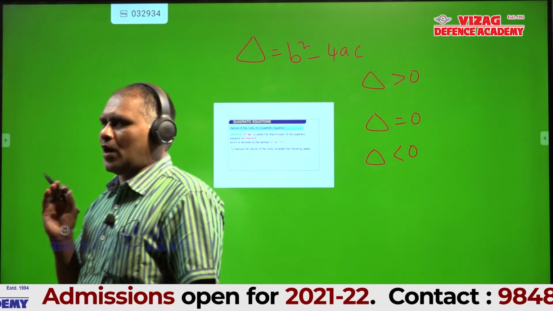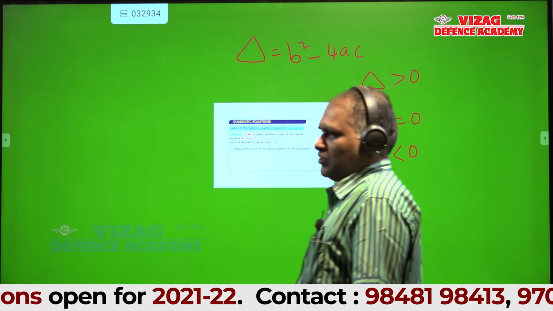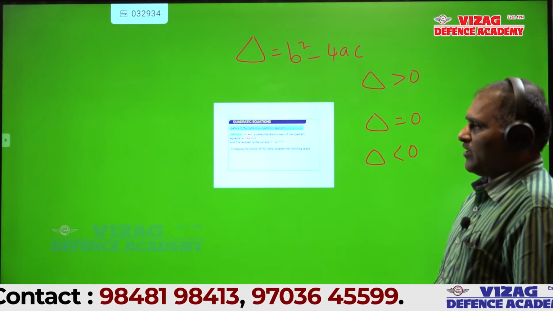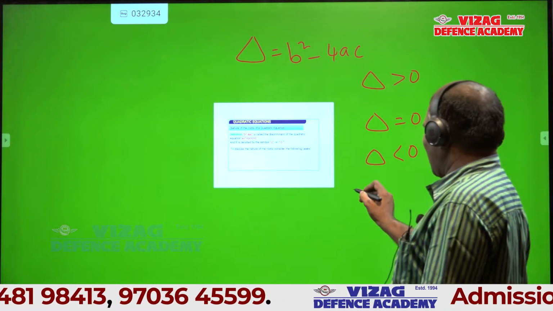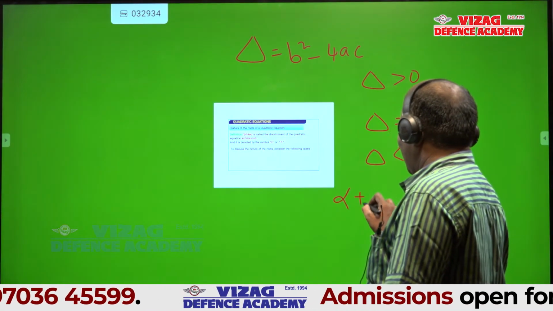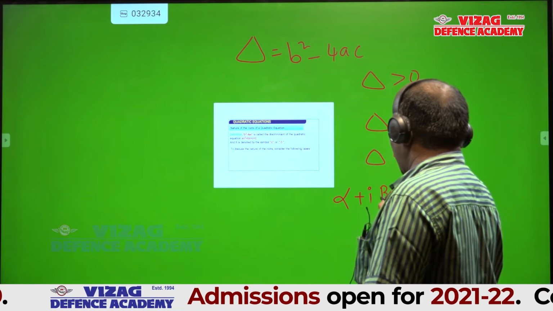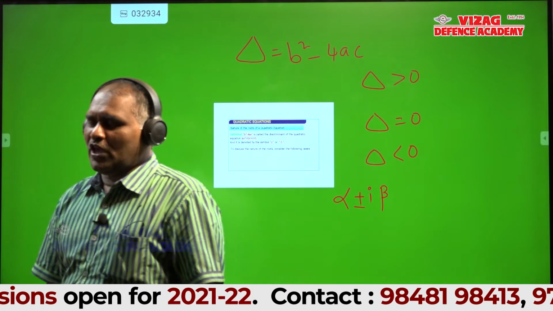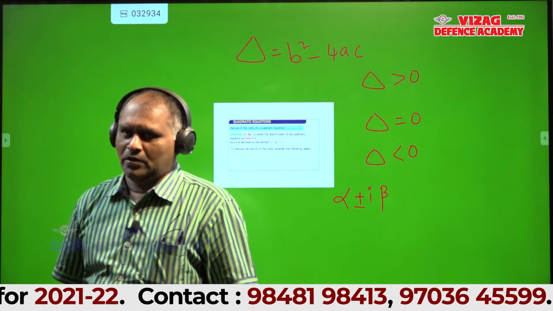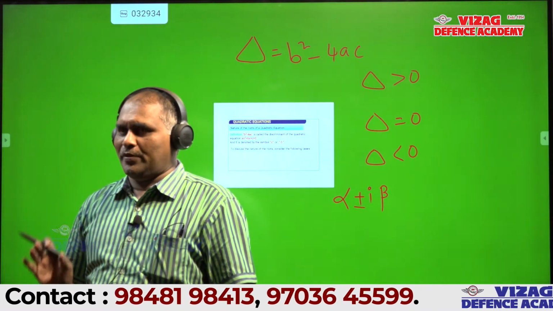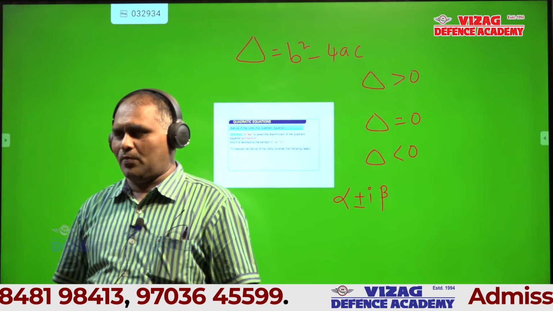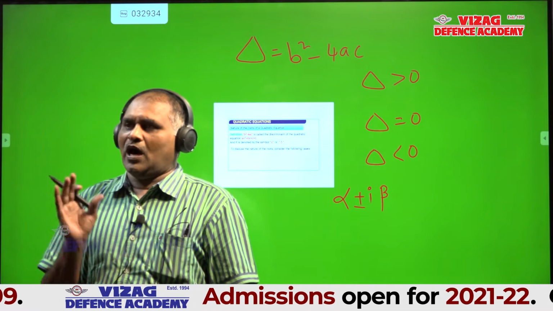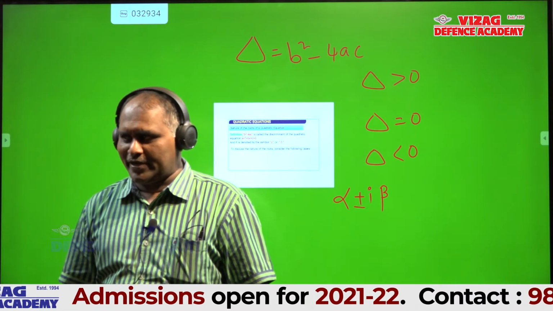What is the form of these imaginary roots? Alpha plus i beta and alpha minus i beta.